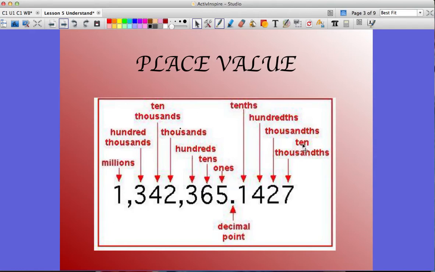Since we go all the way to the ten thousandths, what this number right here means is that I have 1,427 pieces of 10,000. Okay, so it's a part. It's not a whole, it's a fraction, it's a part. Okay, a decimal is another form of writing a fraction. So what you see here is a whole number, so that's how many whole groups you have, and this is how many pieces you have to start making another whole group.